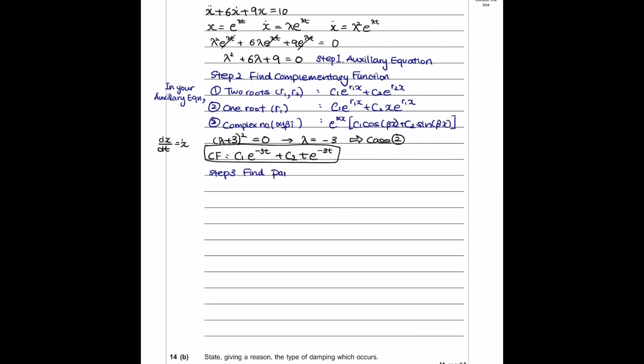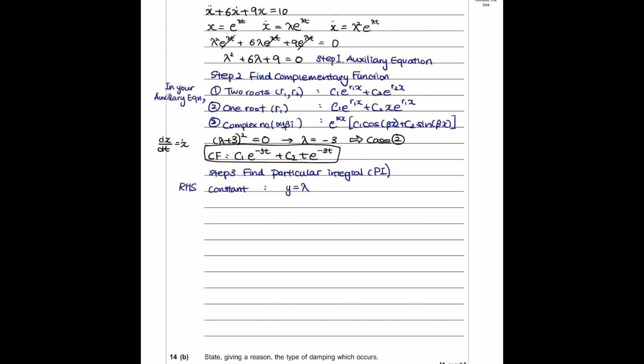And the next step, which is step 3, is to find a particular integral. It depends on how the right-hand side is written. If the right-hand side is a constant, meaning just a value or number only, you're going to substitute y equals lambda.